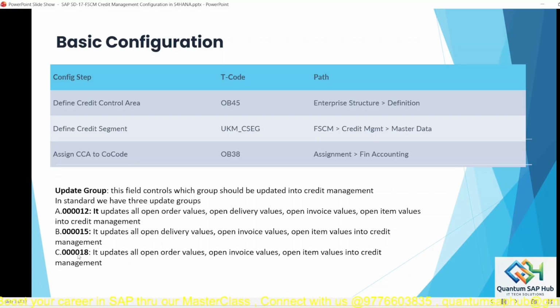Generally we use 00018. It updates all the open order values, all the delivery and invoice values. Sorry, we generally assign 00012, which covers all open order values, open delivery values, open invoice values, and open item values.